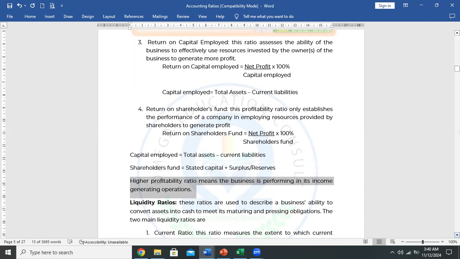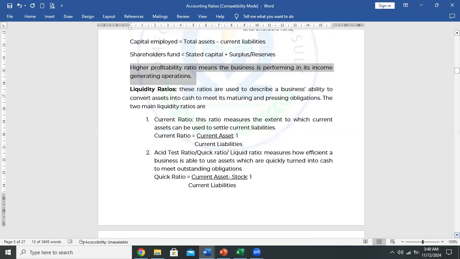Quickly, I would want my professors to tell me the ratios we just discussed and the formula. So you tell me a ratio and then you give me the formula. This one I'm going to call Prof Chang. I'm coming to you on this one. Just give me one of the profitability ratios and state the formula.